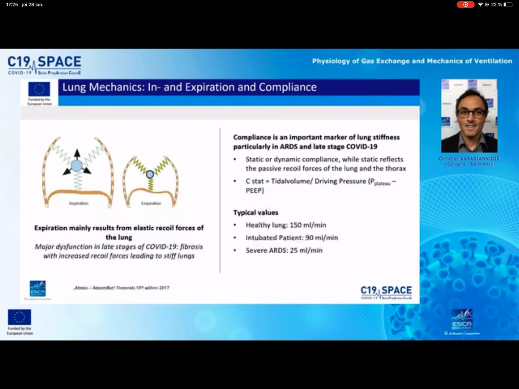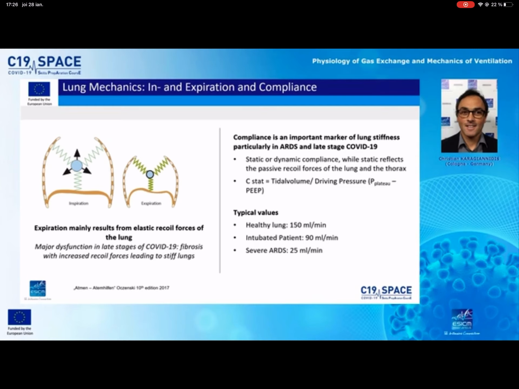In contrast to inspiration, expiration is usually a result of the elastic recoil forces of the lung and the thorax, and is usually not done actively. You see that from time to time in patients with COVID, particularly in later stages of the disease, who try to breathe out and use their expiratory muscles, because in the late stages of the disease, it might be that COVID-19 patients get a fibrotic lung, which increases the recoil forces of the lung and leads to a stiffer lung.